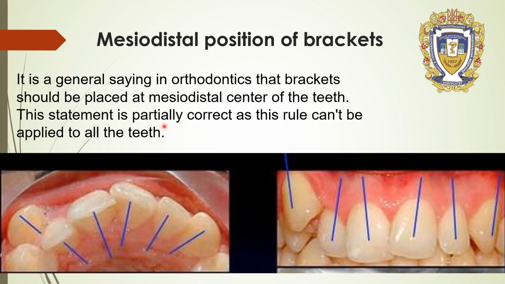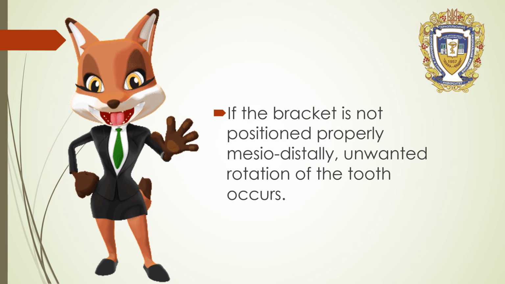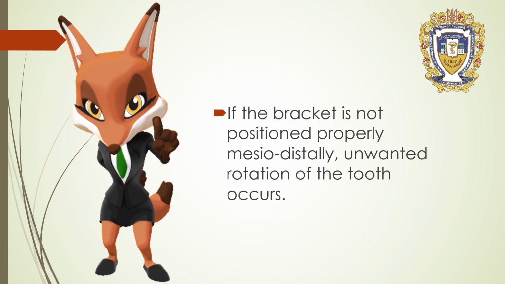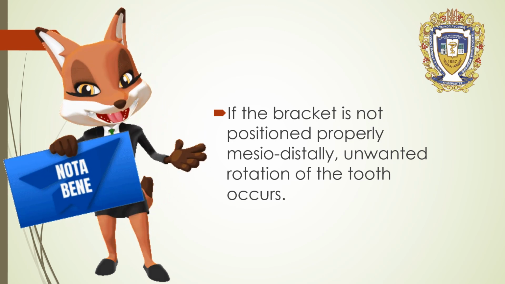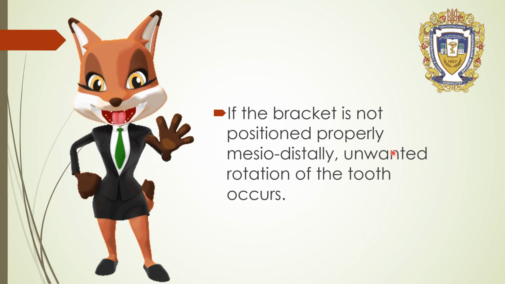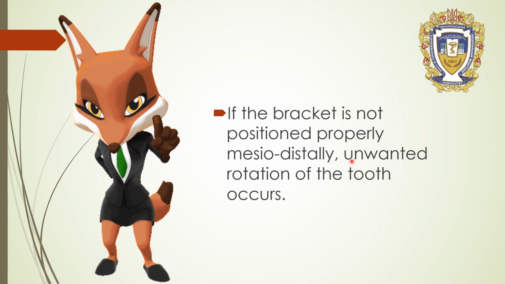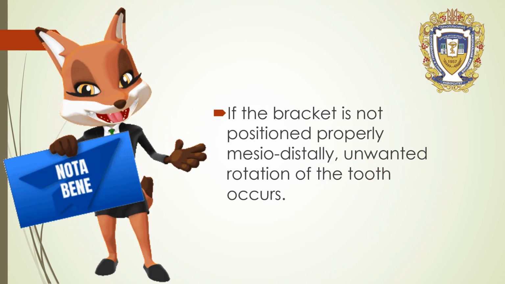This statement is partially correct, but only partially, as this rule cannot be applied to all the teeth, to all groups of teeth. What does it mean? Please, nota bene. If the bracket is not positioned properly mesiodistally, unwanted rotation of the tooth occurs.